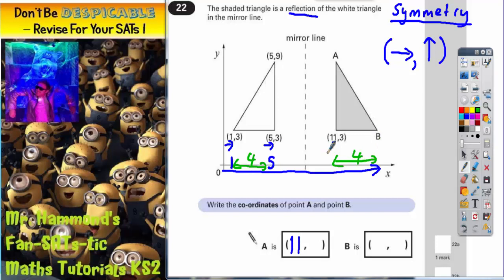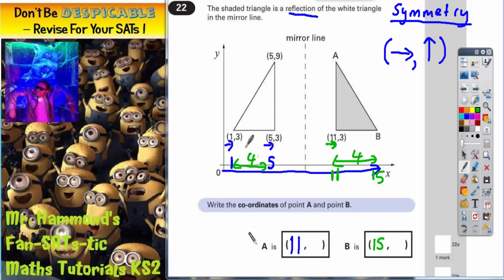Now if we look at this coordinate, this is 11 along. So if this bottom left corner of the shaded triangle is 11 along, and we've just worked out that this distance is 4, then from 11 we come along by 4, and B must be 15 along. So B will start by being 15 along.